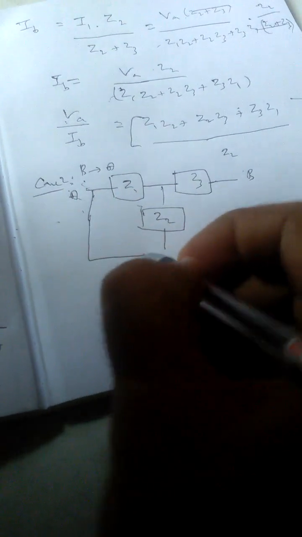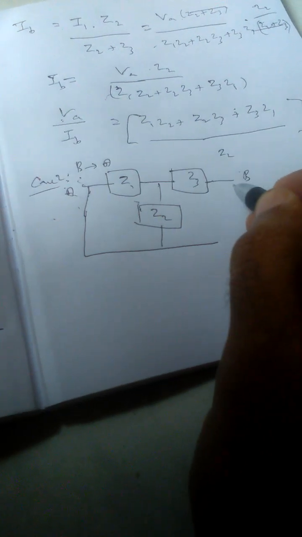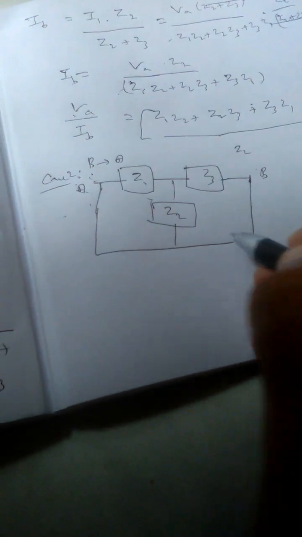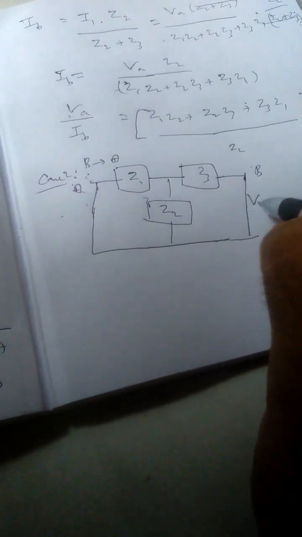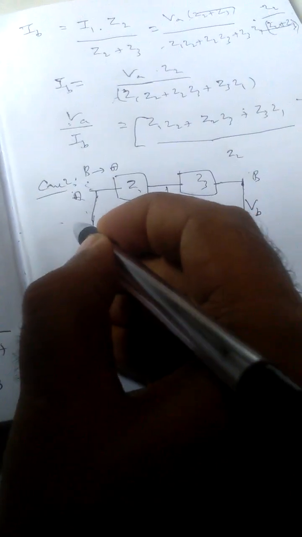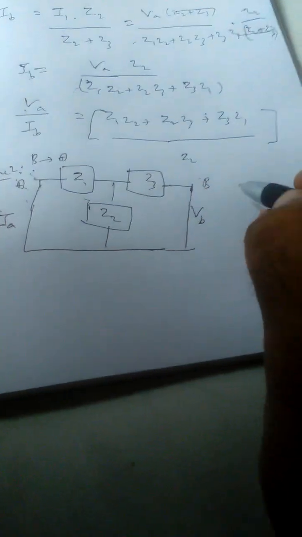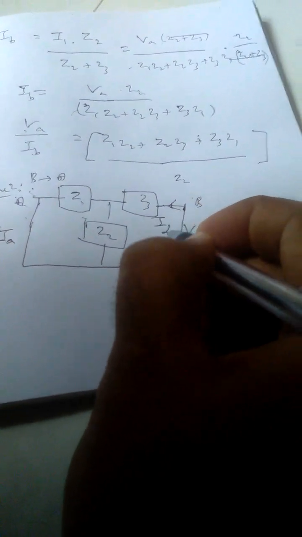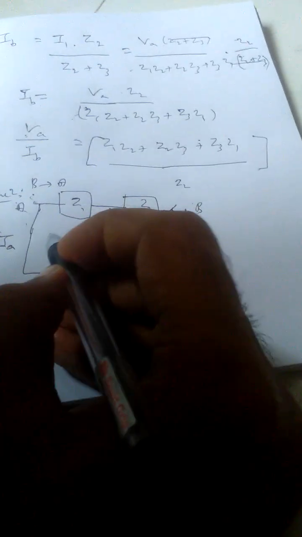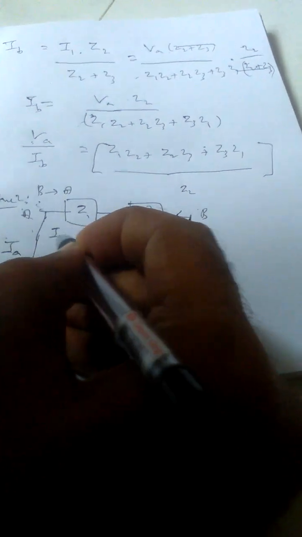I am once again connecting the same T network across A and B with Z1, Z2, Z3. VB is the potential, IA is the current. Here I am mentioning I2 as the current flowing through this, and here IA.